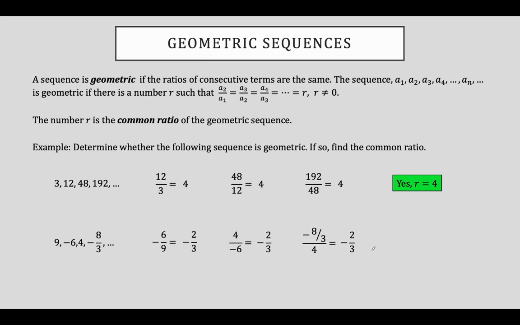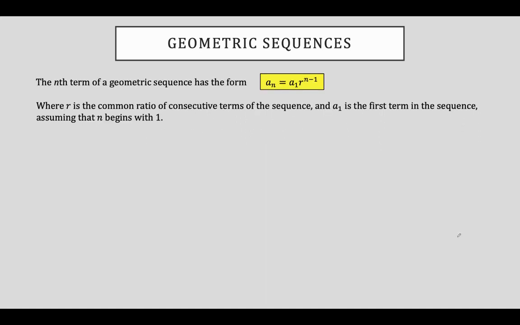So we notice that if we take any term and divide by the previous term, we end up with the exact same number, -2/3. So yes, our sequence is geometric, and in this case, the common ratio is equal to -2/3.